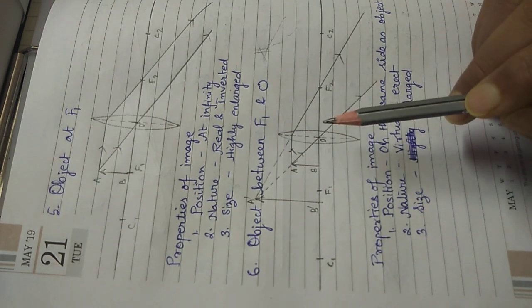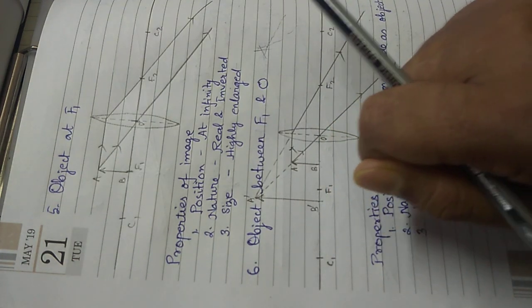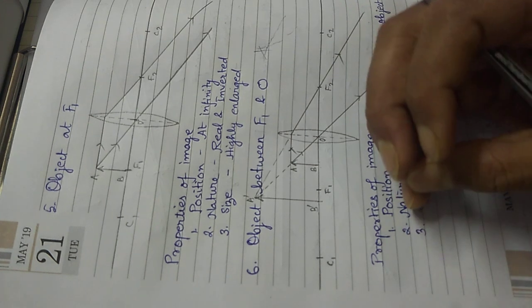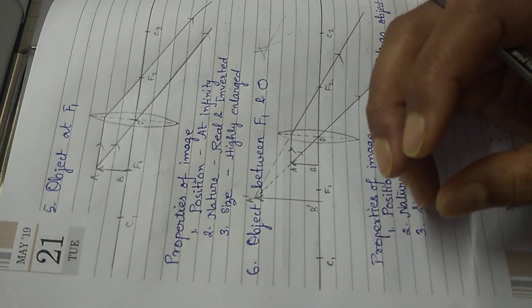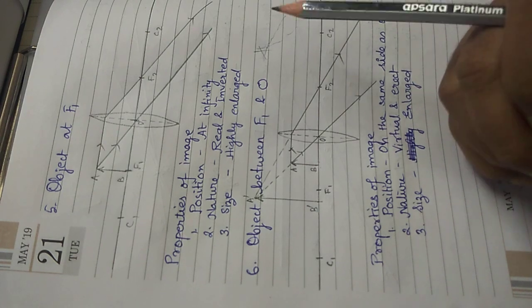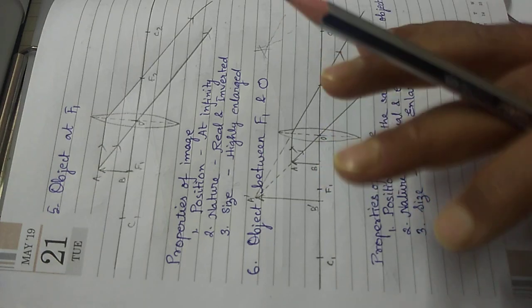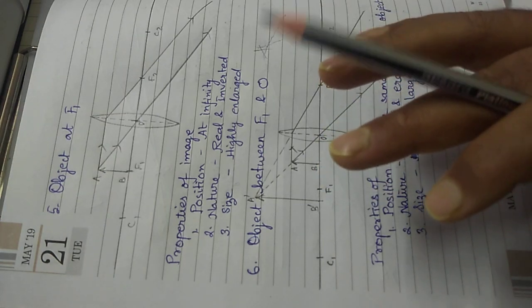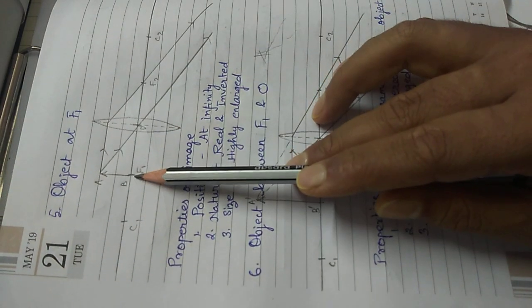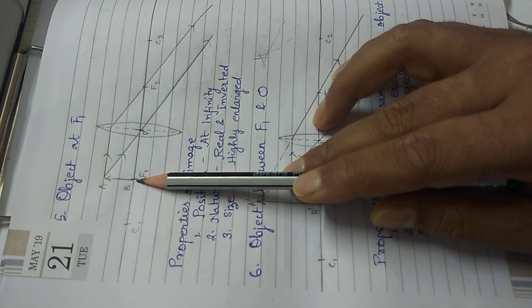If you keep on moving the magnifying lens further, the image becomes bigger and bigger, and upon reaching a certain distance between your object and the lens, there is no image being seen. You cannot see anything. At that time your object is at F1, because the image is at infinity.